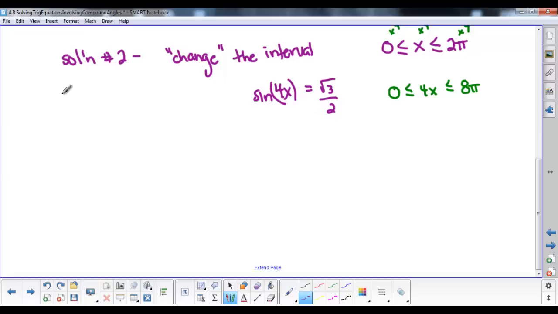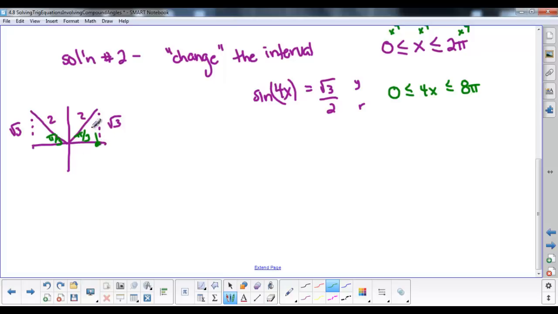If I were to tackle this question, I would say, okay, √3/2 is positive, so sine is positive in the first quadrant and the second quadrant. I also know that sine is y/r, so my y value is √3 and my radius is 2. That tells me that we have special triangles here, so my related acute angle would be pi by 3. So I would have 2 values for my argument.